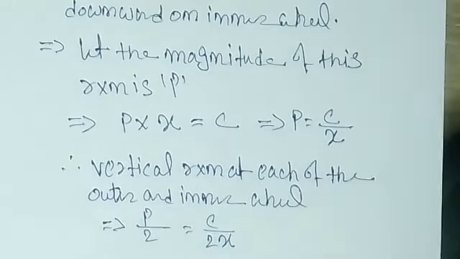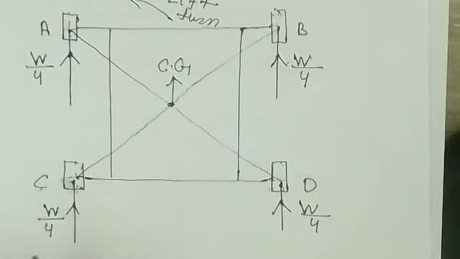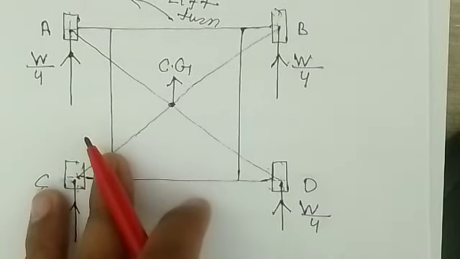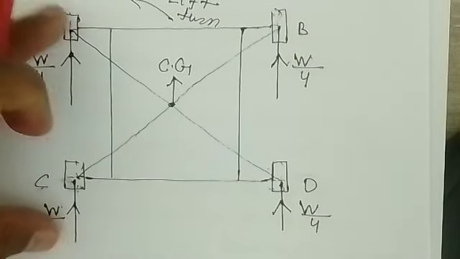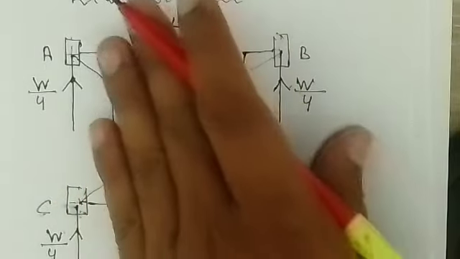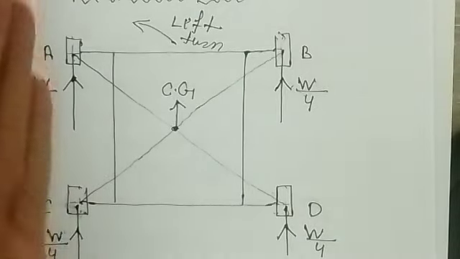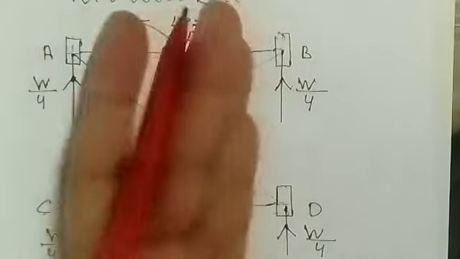So now we can show the magnitude on the figure we have drawn, that schematic layout of your four-wheeler, right? This reaction, whatever reaction you got, that is P by 2 due to the net gyroscopic couple, is acting downward on the inner wheel and upward on the outer wheel. So when your vehicle is taking a left turn, the wheels A and C are the inner and B and D are the outer.